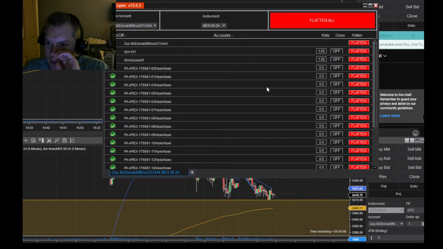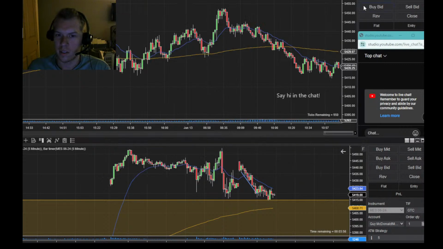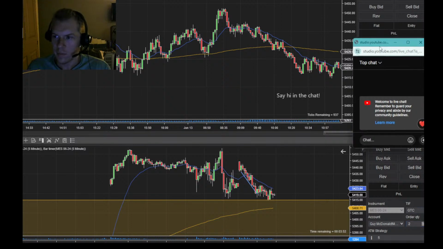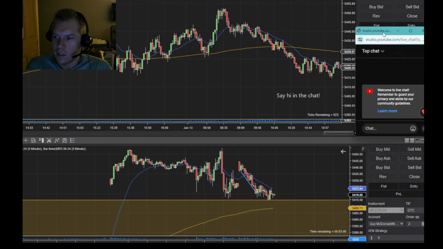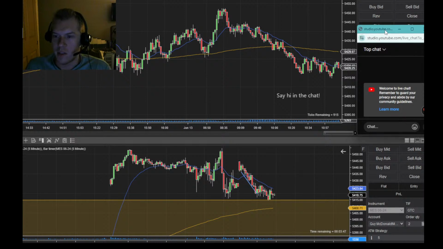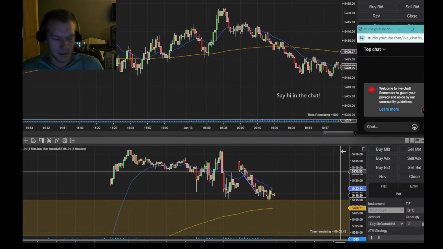So what I'm going to go ahead and do is move up to 2 micros now. So I'm going to trade 2 micros on my personal and then 1 on my followers. That's a feature I haven't tested yet, that ratio feature. So we can go ahead and do that today.